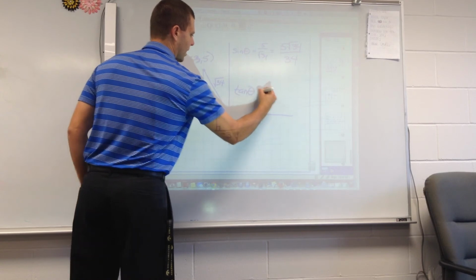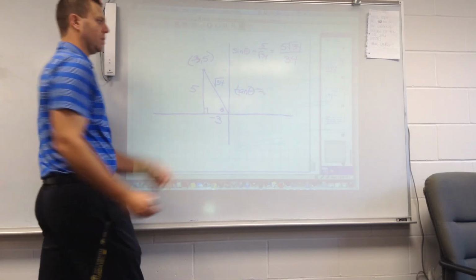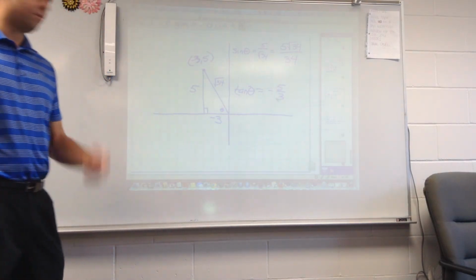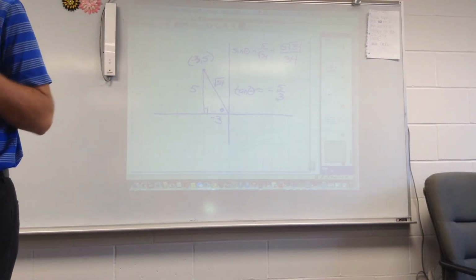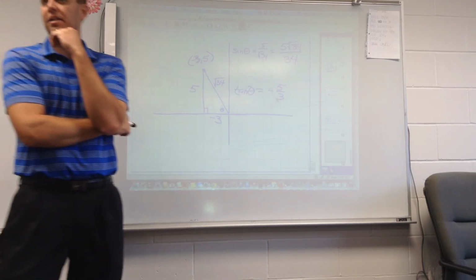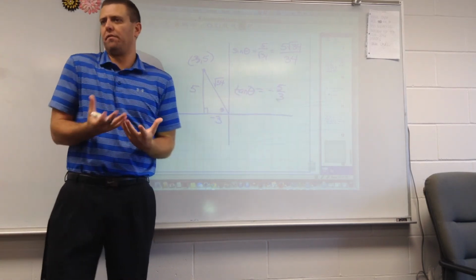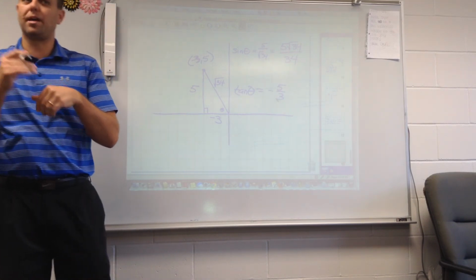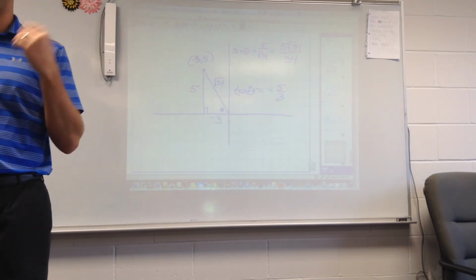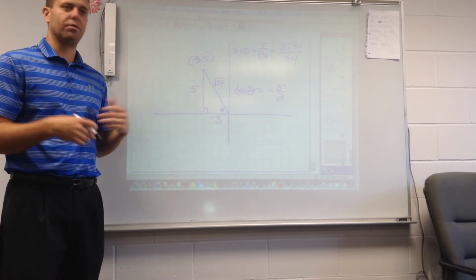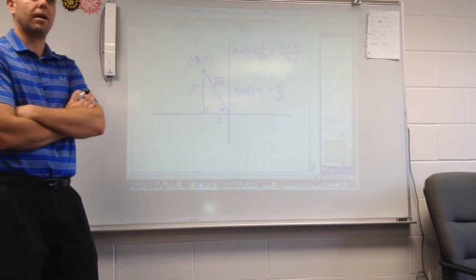Yep, the tangent of theta in this case would be opposite over adjacent, so my answer would be negative 5/3, 5 over -3. However you want, wherever you want to put that negative, it's fine with me, Jake. But I like putting it just in front of the fraction. I don't like making just the top negative or just the bottom. That's just a preference of mine. Oh, so it has to be negative? Yeah, because 5 over -3 is going to equal a negative number, right?